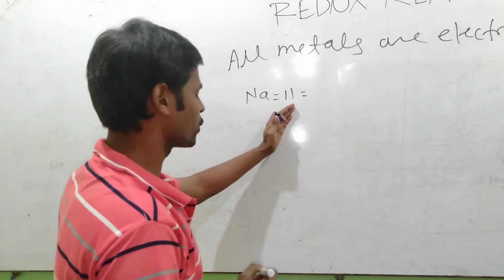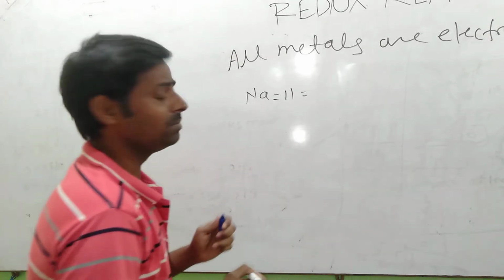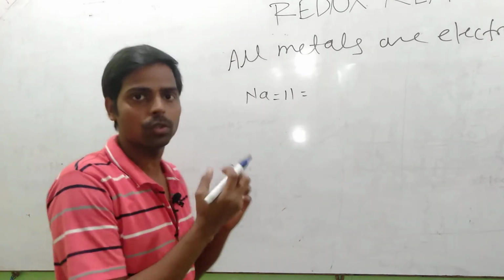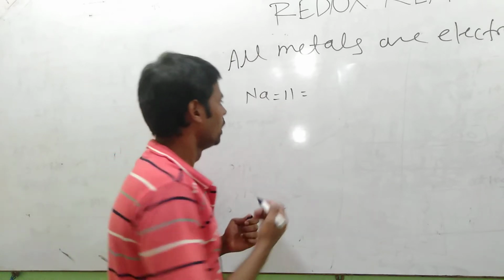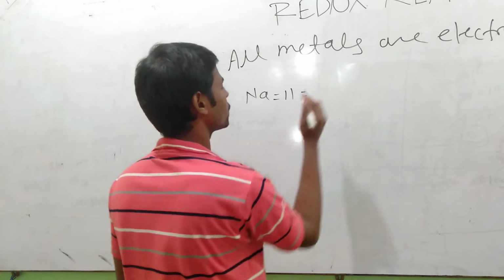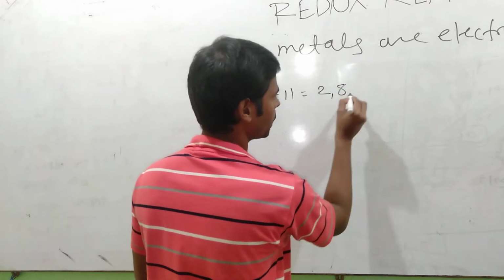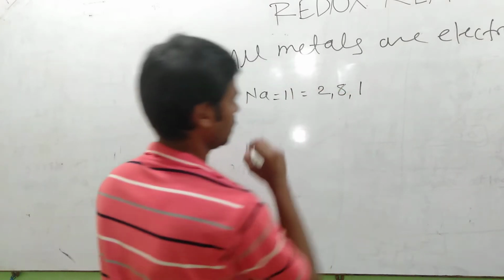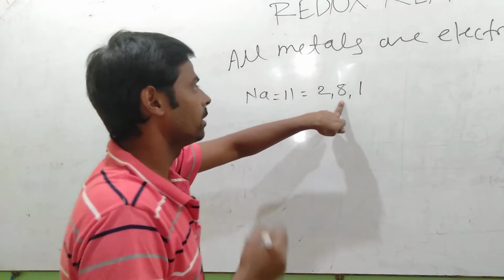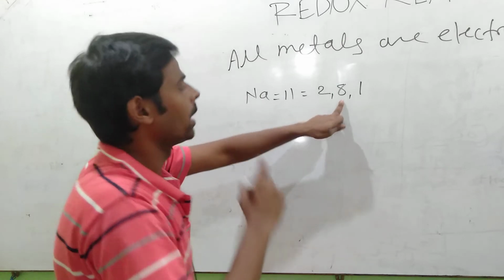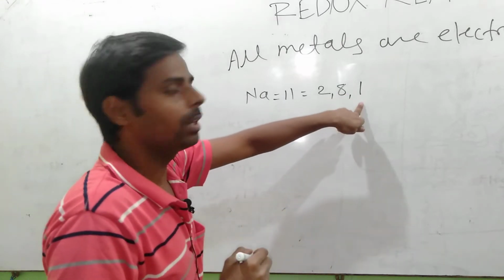Its electronic configuration, meaning the distribution of electrons in shells, is 2, 8, 1. In the first shell there are 2 electrons, in the second 8 electrons, and in the third 1 electron.